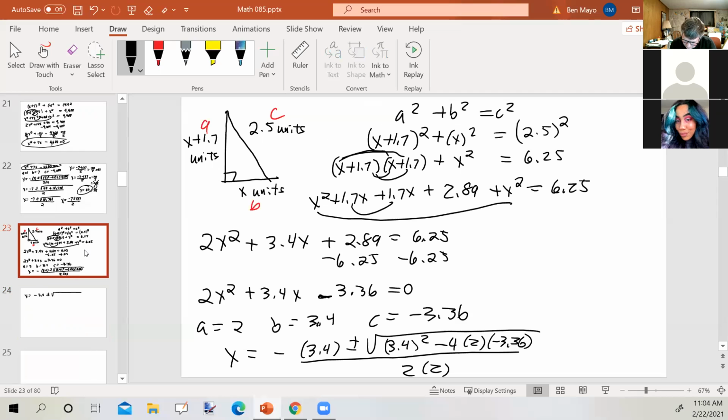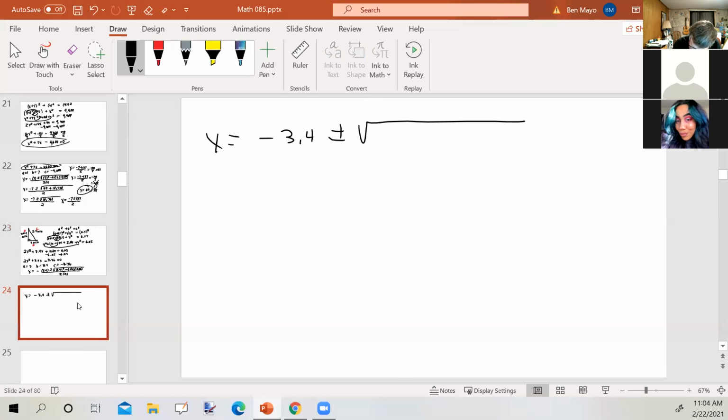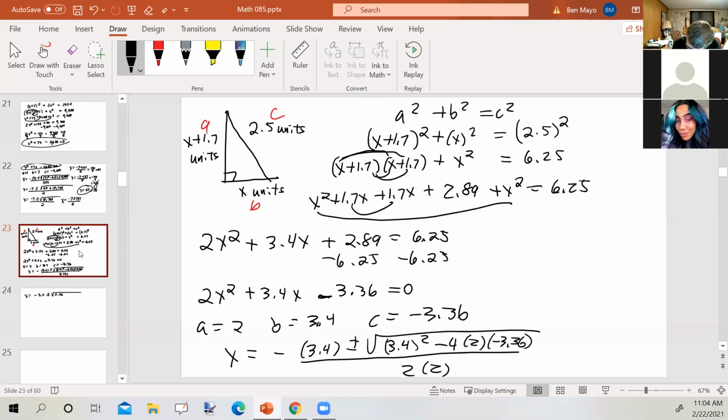3.4 squared is 11.56. And then I've got minus 4 times 2, which would be minus 8, times minus 3.36.